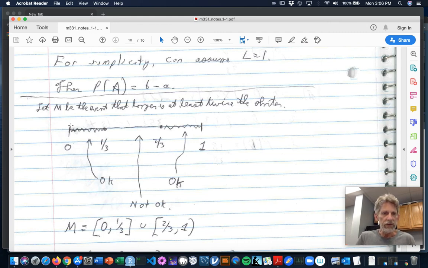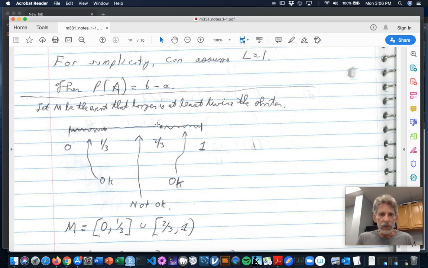So what if your breakpoint landed between 0 and a third? Say you landed here, all right, where I'm waving my mouse. Well, then the longer stick is all the way up to here, and the shorter stick is very short. It's definitely twice as long. All the way up to a third. At a third, the longer stick is 2/3 in length, and the shorter stick is 1/3, exactly twice as long.